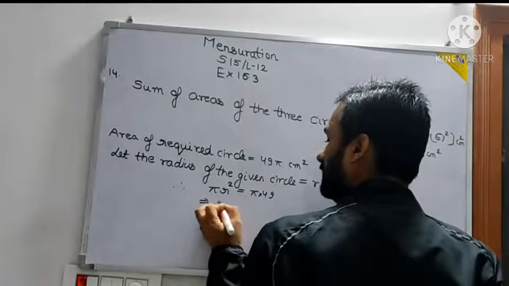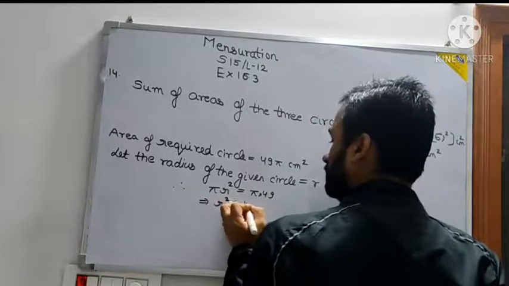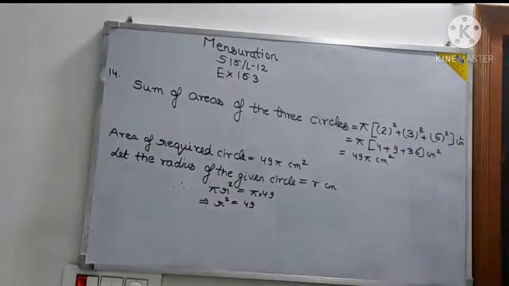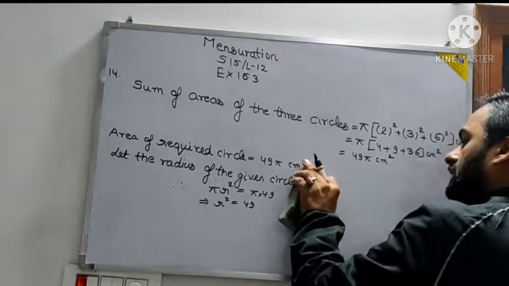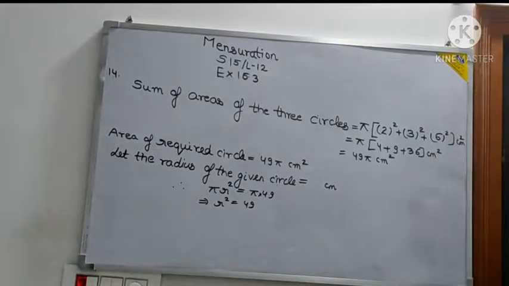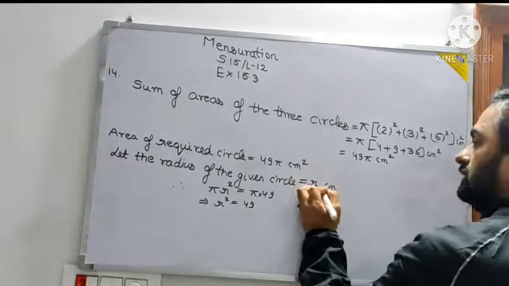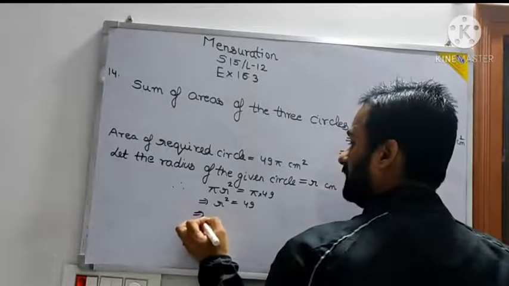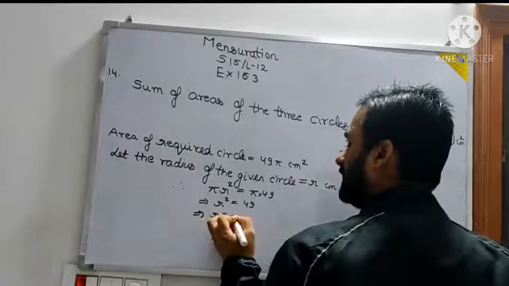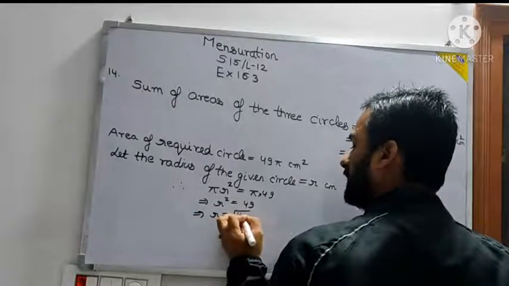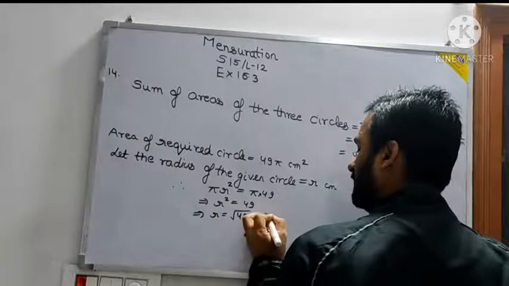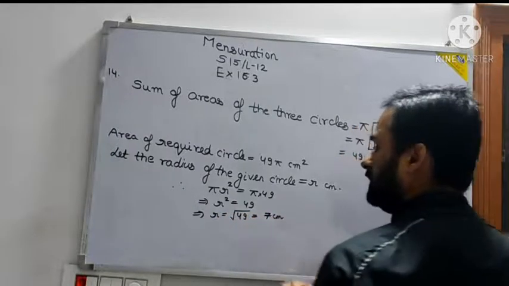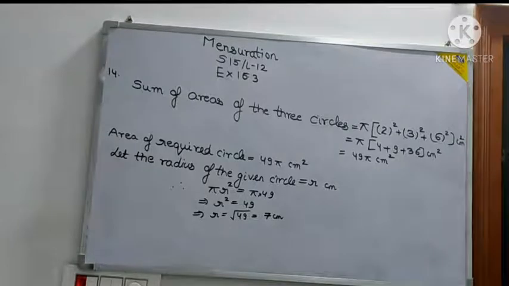This implies that r square is equal to 49. This implies that r, see, it can be plus minus, but I will go with plus only because a negative radius is not possible. So the radius is 7 centimeter.